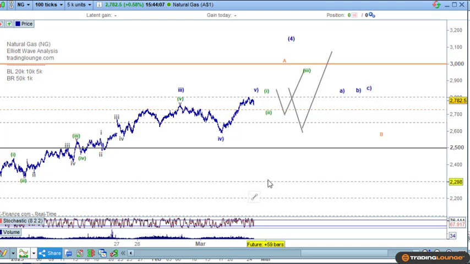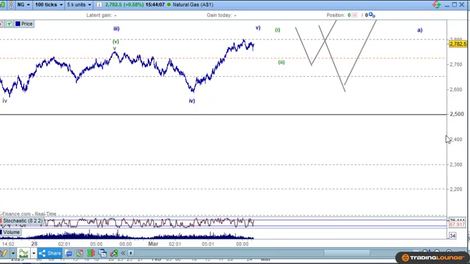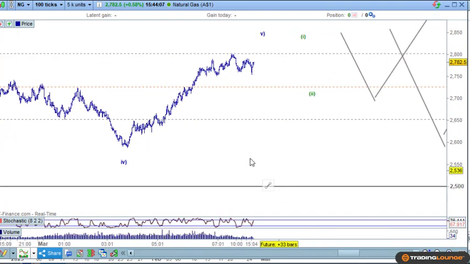So that's one thing. The other thing is we can go in and take a closer look at this now. This move here is corrective, especially if that top gets taken out. So we're likely to see at this point a move up here, and then something like this.